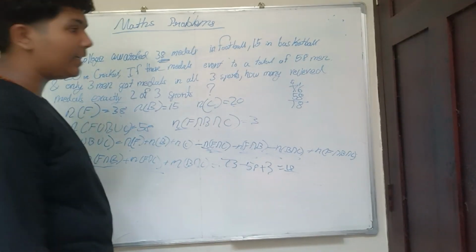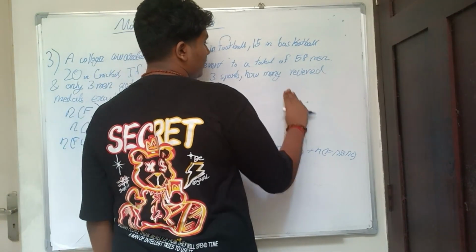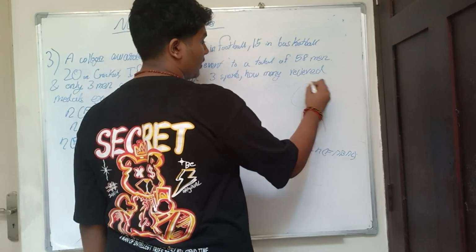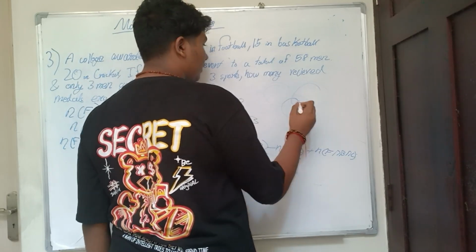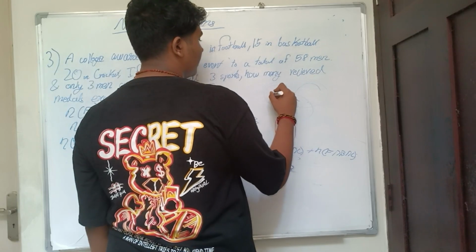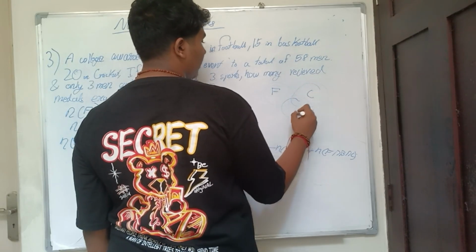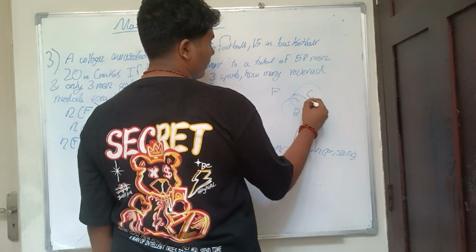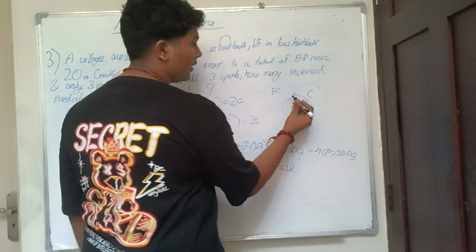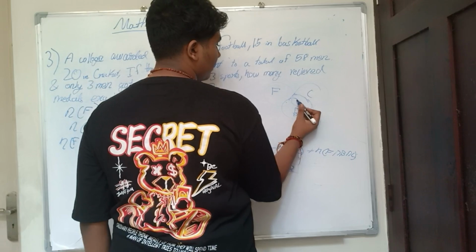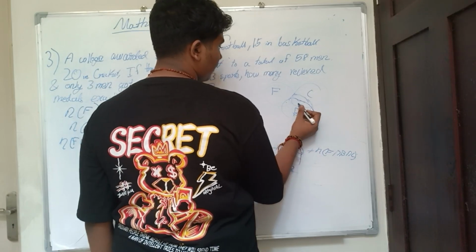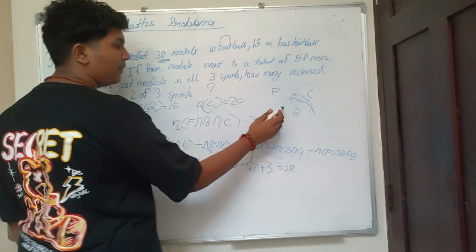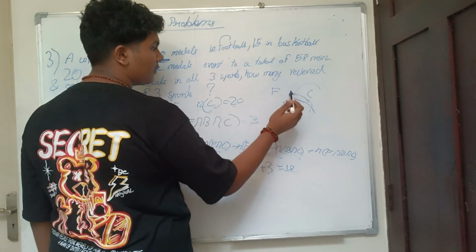Okay, so let's do a Venn diagram. A Venn diagram is like, let's say one set is represented by a circle. So let's say these are F, C, B, and we'll see when the 3 circles come together, you see some space here, right? Those are the intersection points, the most common parts between those circles, those sets.